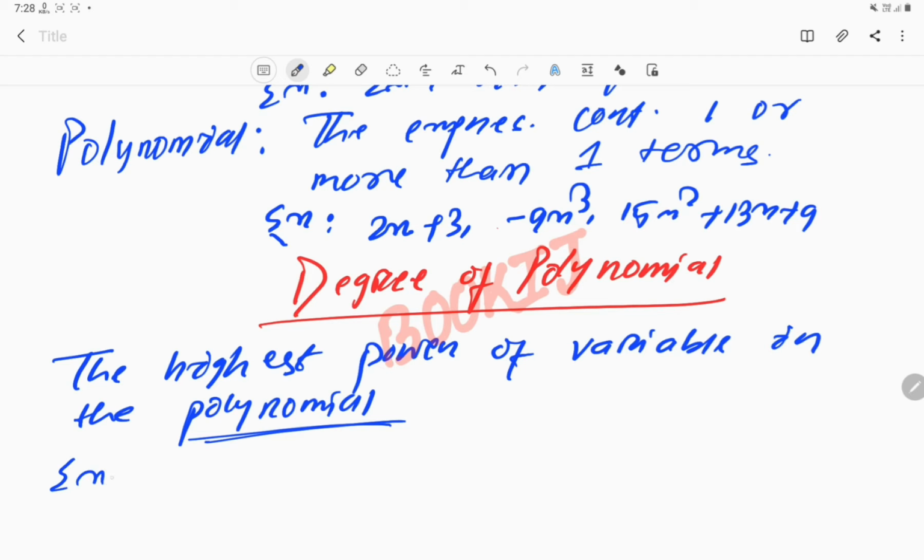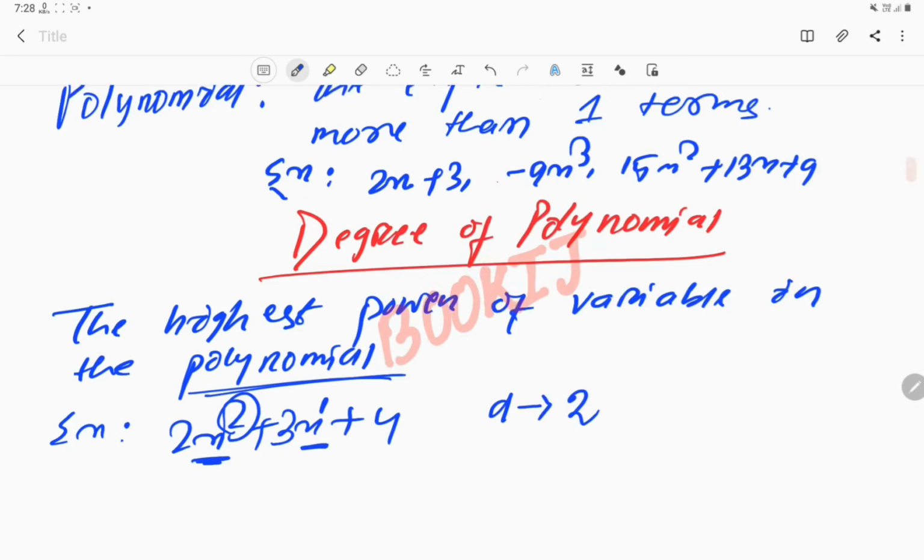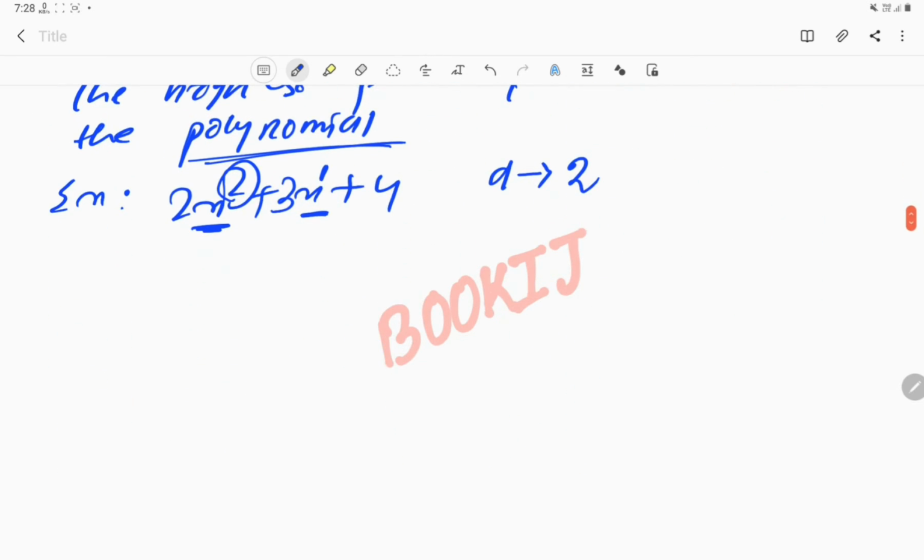Let's say some examples. If I write 2x square plus 3x plus 4, here the variables are x and x square and their power is 1 and 2. Hence the degree of the polynomial is 2. If I write another example, minus 3x minus 4, in this case x has the power 1.